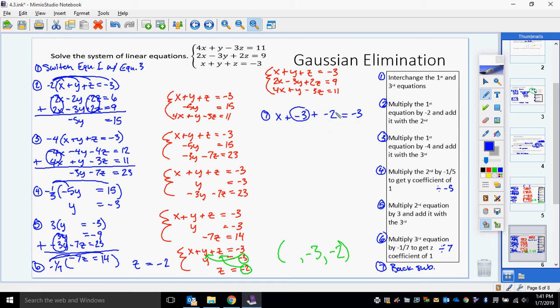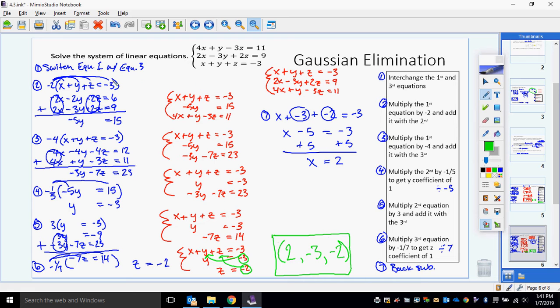I'm going to combine my like terms. So I get x minus 5 equals negative 3. Add the 5 over. And I get x equals positive 2. So I can put that in the x position, and I have just solved this.